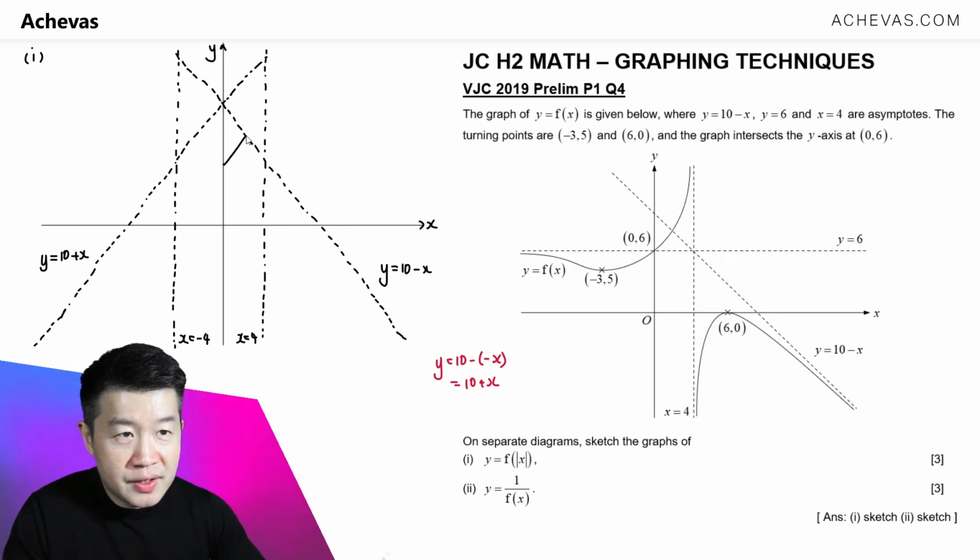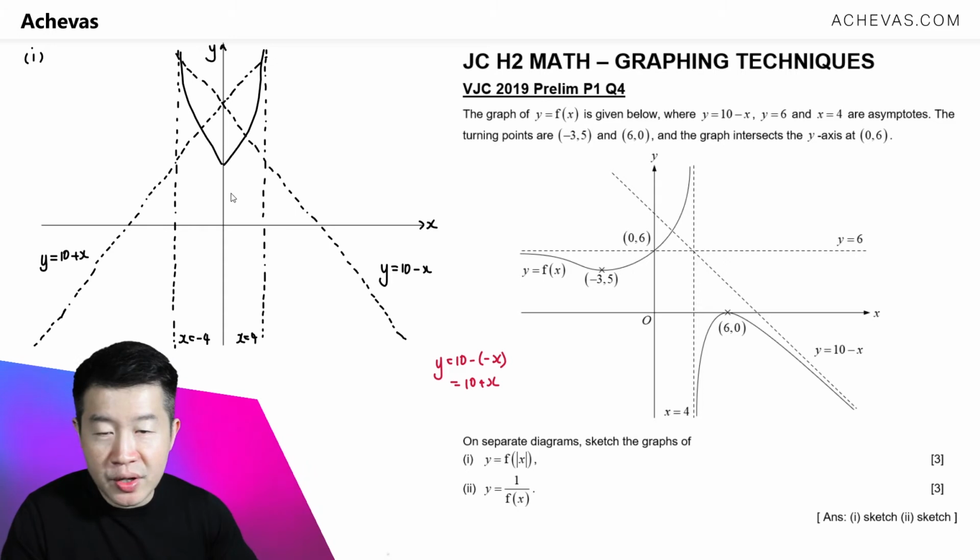And I'm going to draw it such that it is going to be tending towards the asymptote, and when it comes down towards the y-axis, it is coming down at an angle. So when it is being reflected, we will have a sharp point as the new y-intercept. So we have something that is like this. Okay, and here is going to be a sharp point, and the coordinates of this point is going to be 0, 6. It is the same as this.